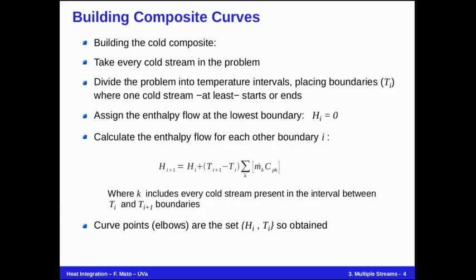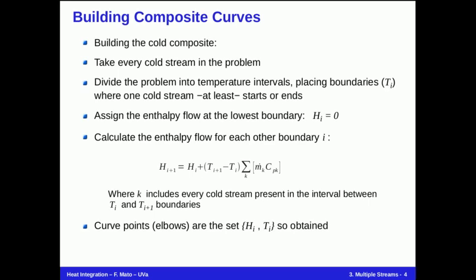Then, the explicit procedure to build the composite curve, in this case the cold, is: take every cold stream in the problem. Divide the problem into temperature intervals, placing boundaries where at least one cold stream starts or ends. This is because we don't want streams ending or starting in the middle of an interval. Then assign the enthalpy flow as 0 at the lowest boundary.